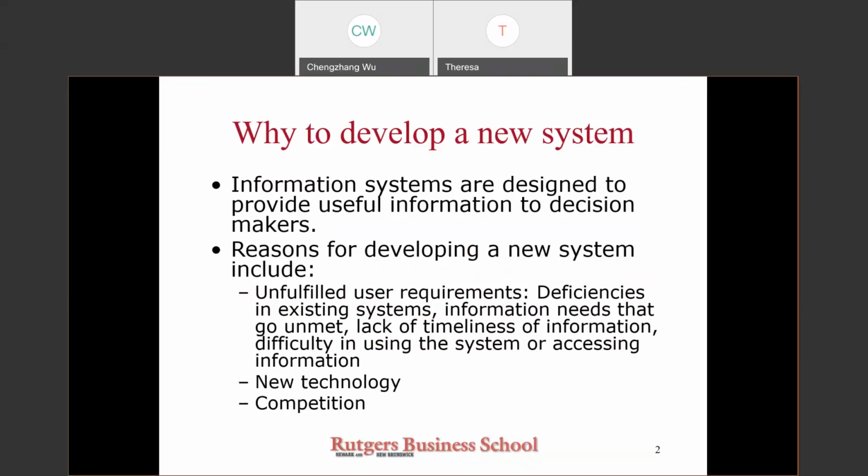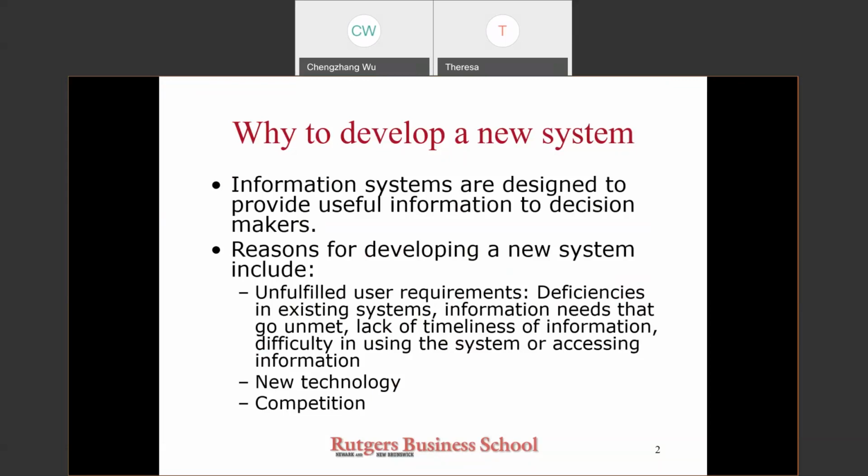If you recall from the first chapter, information systems are designed to provide useful information for decision making. So first, we will examine the driving forces behind new information system development.